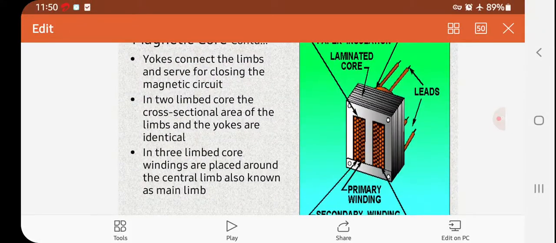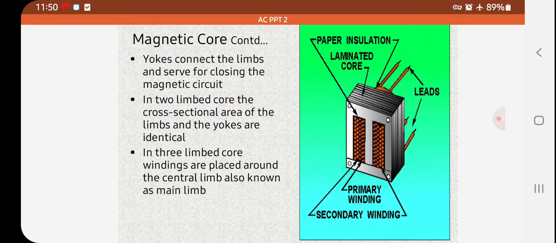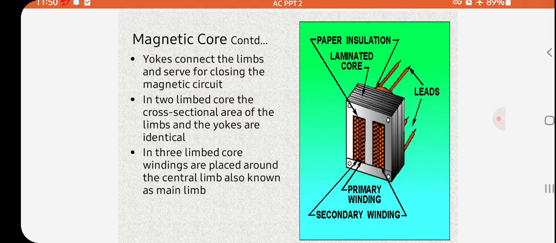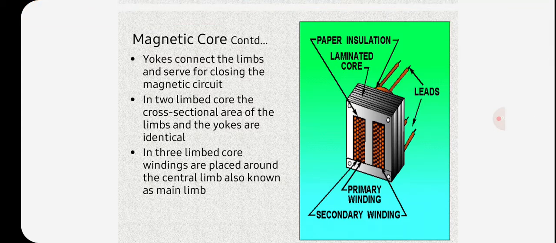And also, in small size transformers, the simple rectangular core can be used with either circular or rectangular coils. As the size of the transformer increases, it becomes wasteful to employ rectangular coils.